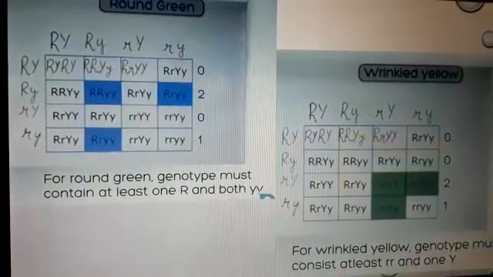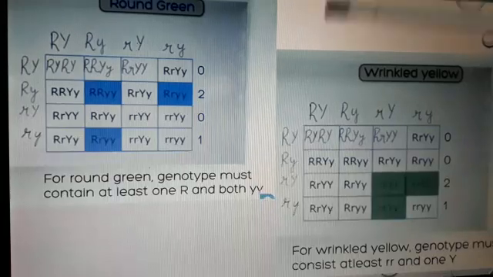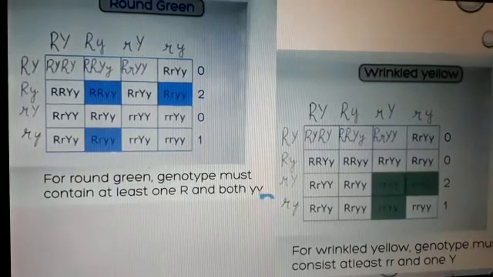Now, if we count the number of round and green, the round and green will be produced by the genotypes where at least we will be having one capital R and both the small y's. So, we can see that in the first row we are not having any of that which is having both the small y's, but in the second row we are having in the second cell and the fourth cell the capital R and both the small y's.